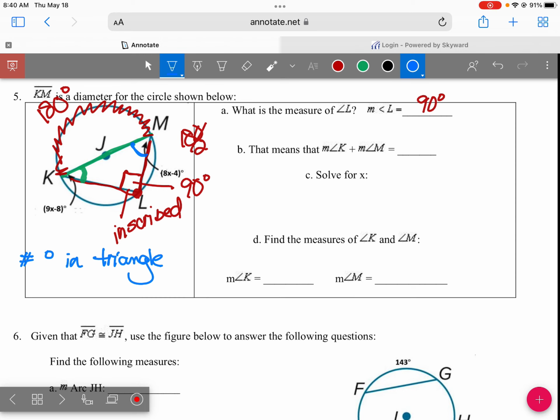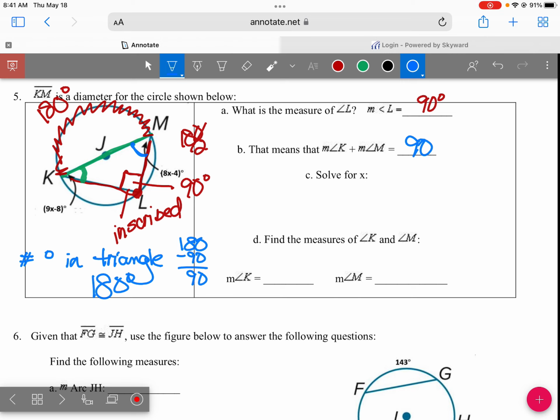Well, this is 90 degrees, yes, but we want to know, what about K plus M? Right. There are 180 degrees in a total triangle, so 180 minus the 90 of the right angle leaves you with 90 that has to go for angle K plus angle M. Does that make sense? Okay.